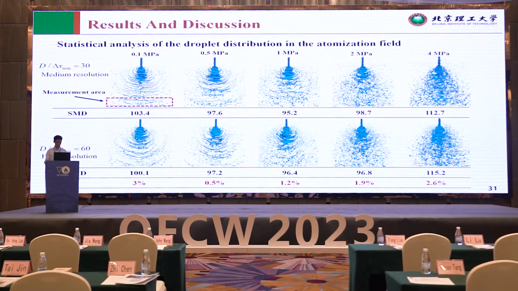We calculated the differences between the two grid resolutions, and the difference is negligible. By doing this, we discovered that we can use grid resolution of 30 for our future simulations to save processing time.